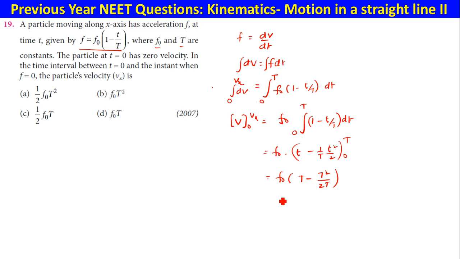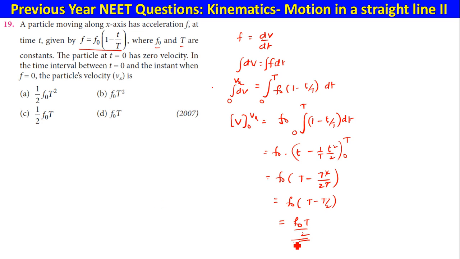Now f naught into (T minus T square by 2T), one T gets cancelled, so T minus T by 2, which is nothing but half of T, isn't it? So f naught into (1 minus 1 by 2) is half, so f naught T by 2.